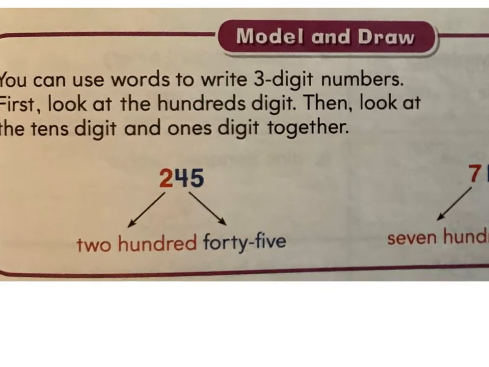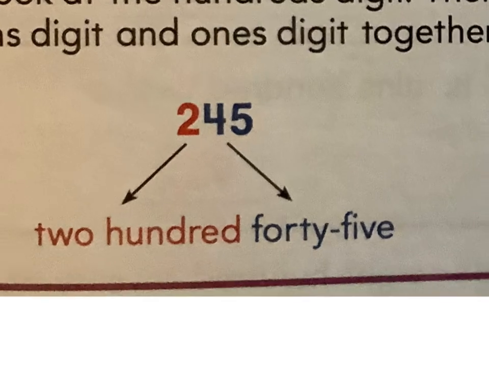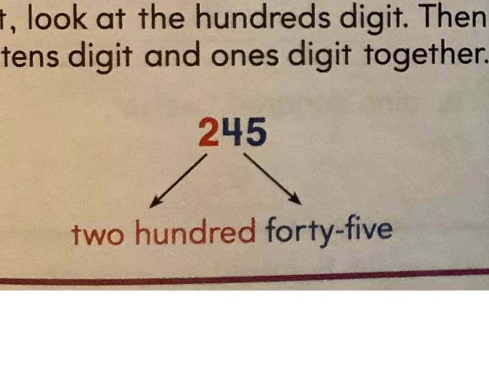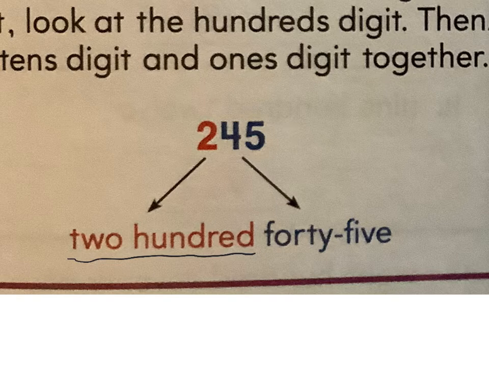So notice how in this example, 245, the 2, they made it a different color so it stands out for us. So that 2 is worth 200. So just like how we say it, 200, that is how we'd write it. So they have 200. But then the ones in the tens place, we write it together as one number, 45.